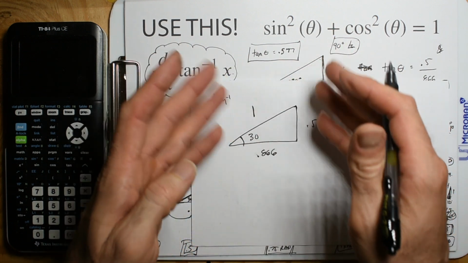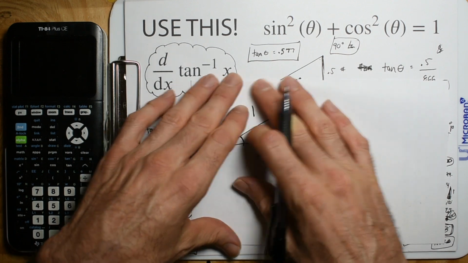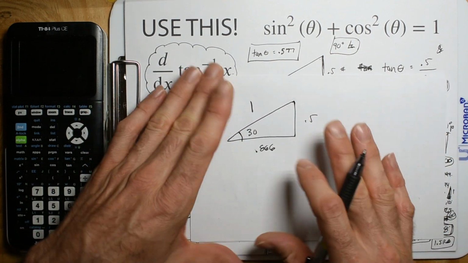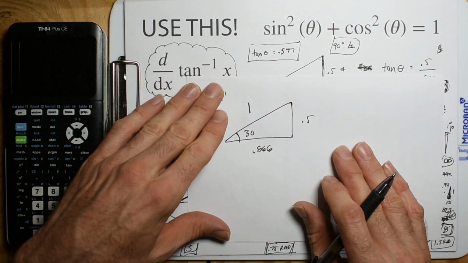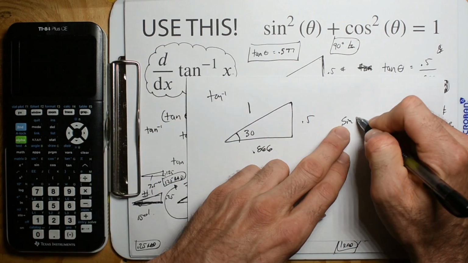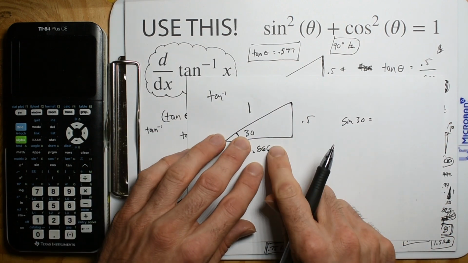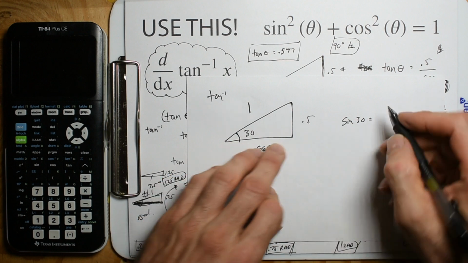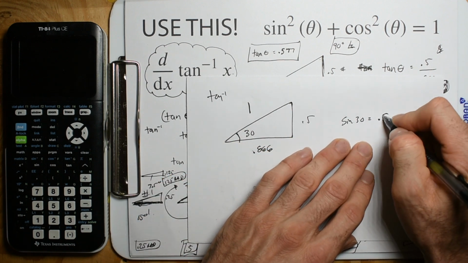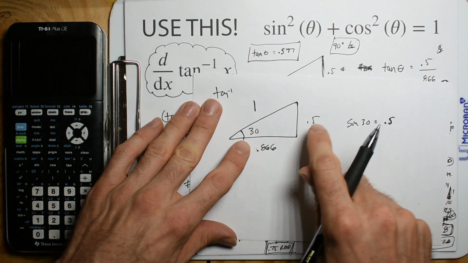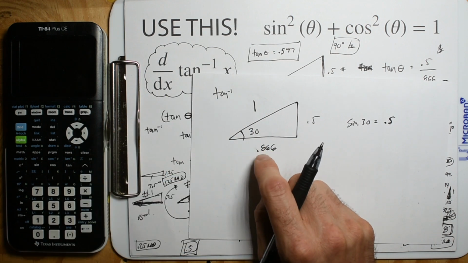Obviously, we made it 1,000 and 500 and 866, but I just like this one. And we can do sine of 30. What's that going to chisel us out? Well, that's going to chisel us out that 0.5, because it's 50%, because it's the opposite over the hypotenuse.